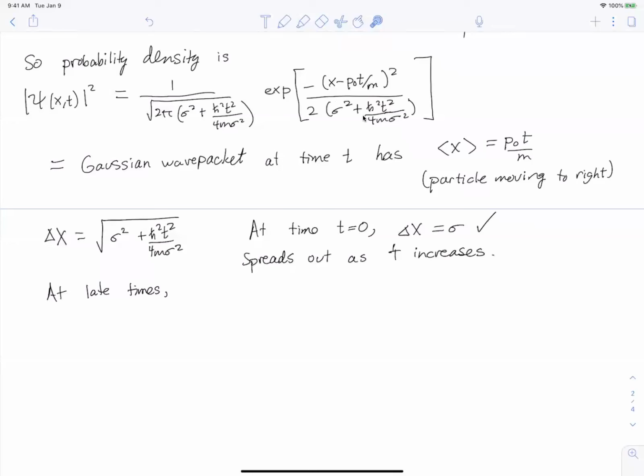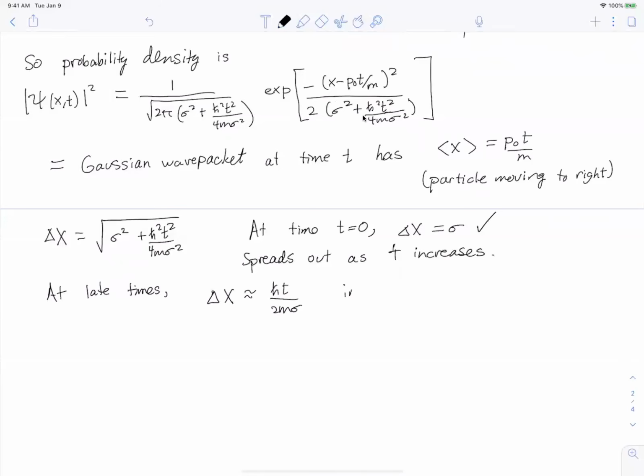And so at late times, the uncertainty in x is going to be approximately just h bar t over 2m sigma, which is ironic in the sense that if I start with a very small sigma, because at late times I'm dividing by sigma, that means this thing will be more spread out at late times if I try to make it less spread out at earlier times.